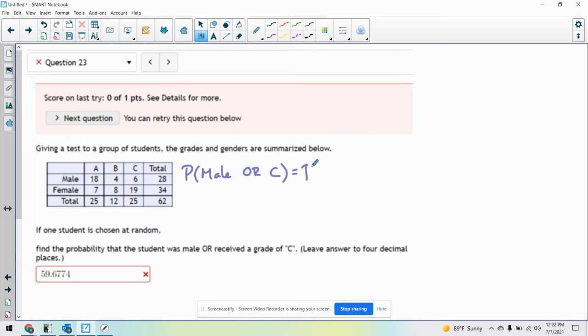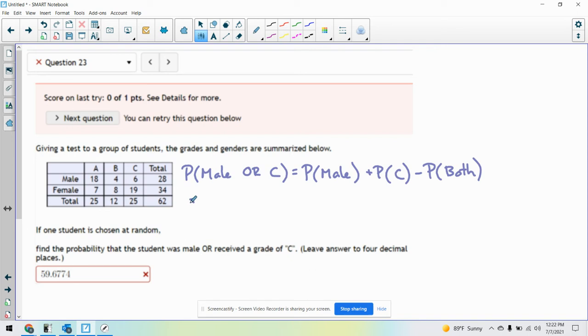So this is going to be equal to the probability of a male plus the probability of C minus the probability of both, because we'll double count.